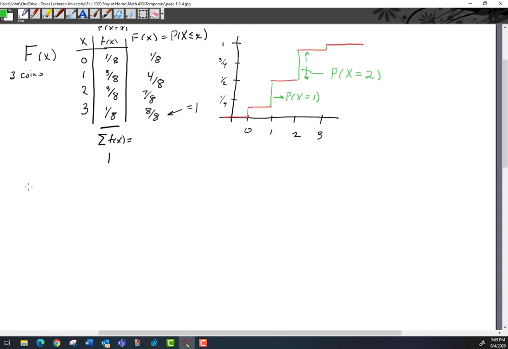All right, what to do? Well, I'm going to go ahead and make an assignment. Assign page 80, problems 3.1, 3.3, 3.6, 3.9, and 3.14.